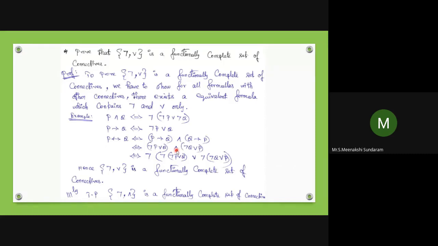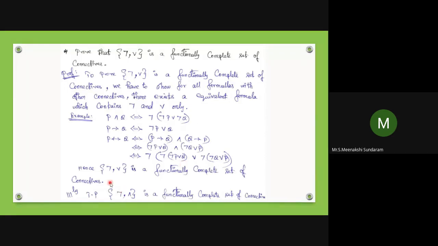If P conjunction Q, then we write negation of the first input, disjunction, negation of the second input. This is my first input, this is my second input. So the conjunction changes to disjunction, with negation of the second input, using the first step. Hence, negation and disjunction is a functionally complete set of connectives.